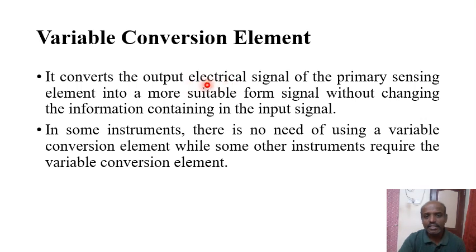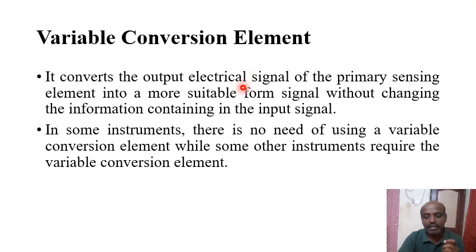Sometimes this electrical signal may not be suitable for the next stage, the variable conversion element. For that purpose, we need to convert the output of the primary sensing element into an acceptable range. That is why we need the variable conversion element.